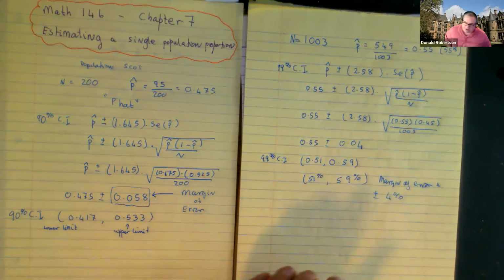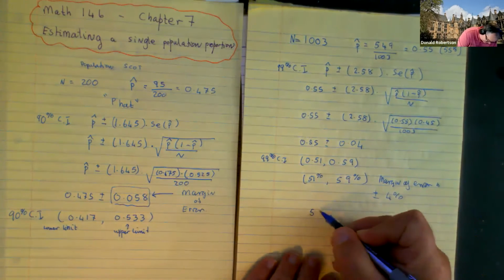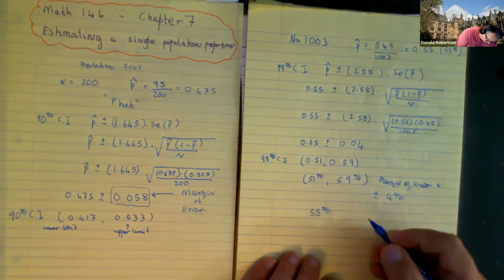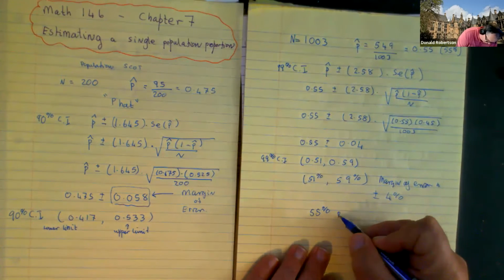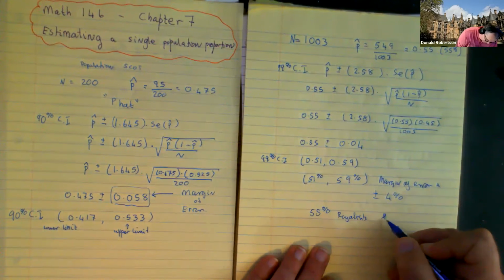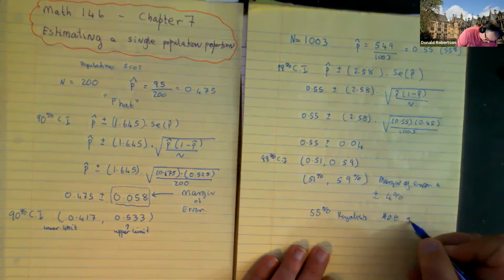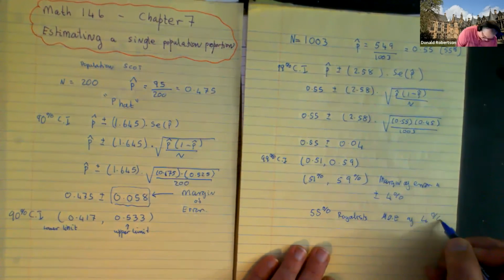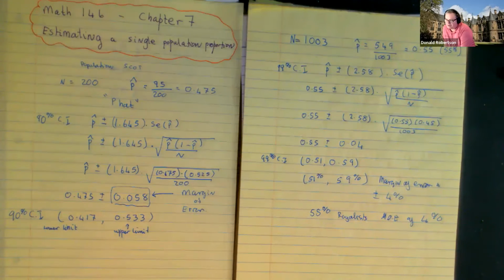So they would probably say it like this: 55% are going to vote for the Royalists with a margin of error of 4%. That's how it tends to appear on TVs, isn't it? Have you ever wondered where that margin of error came from? Do you now know? Kind of cool.